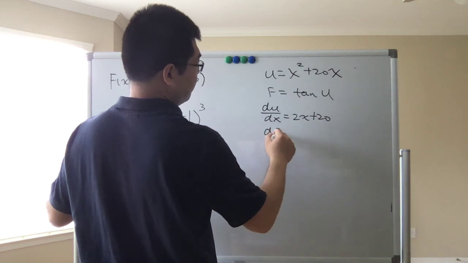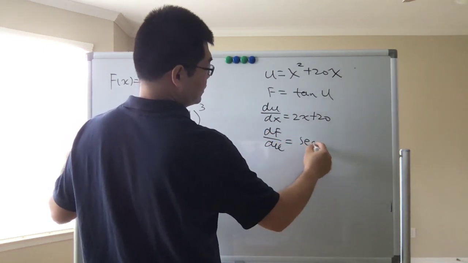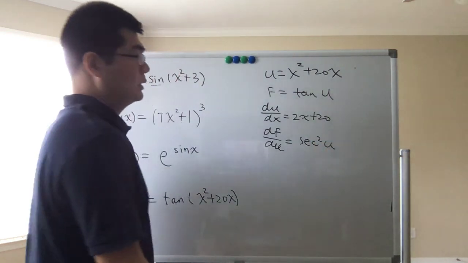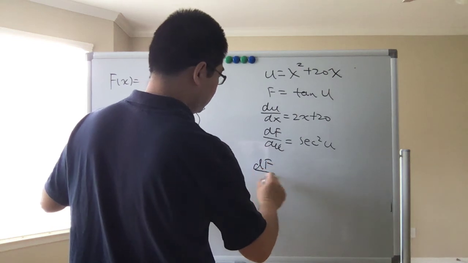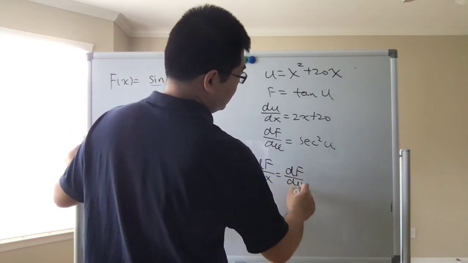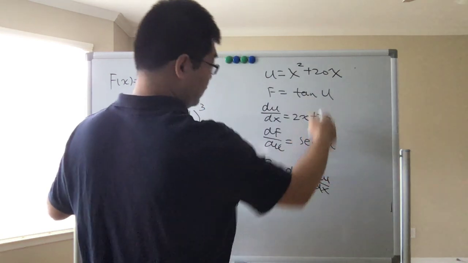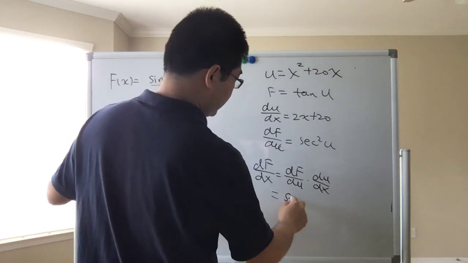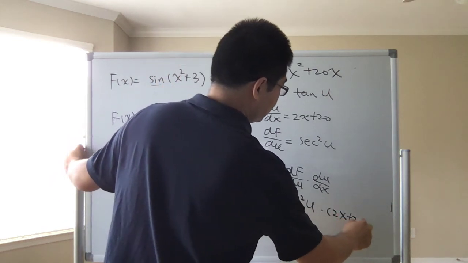What is df du? We learned this in section 3.5, which is secant squared of u, right? And so df dx equals df du times du dx, which gives us secant squared of u times 2x plus 20.